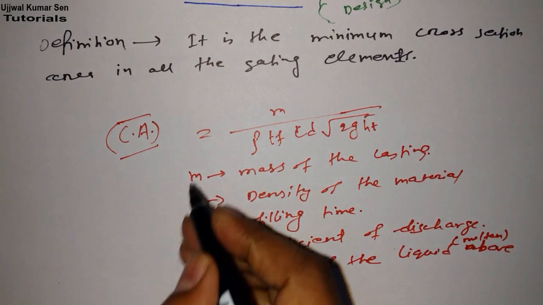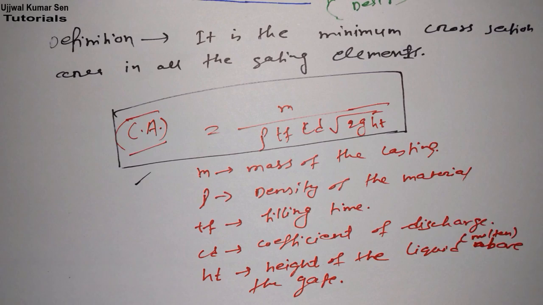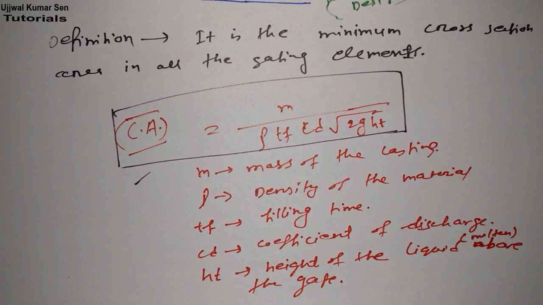I hope you got the formula right now and you don't have any confusion related to this formula. Probably in a competitive examination they will ask you to find out choke area, and what is choke area I have already shared with you. Right now what I am going to share with you, which is also important, is where exactly we have this choke area in the case of a pressurized gating system and a non-pressurized gating system.